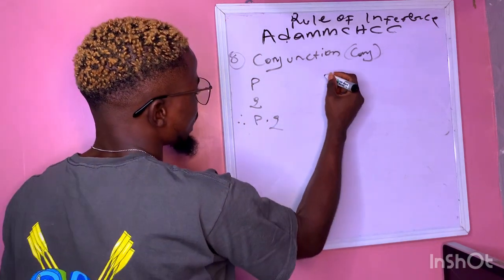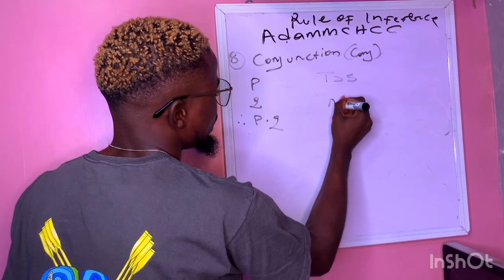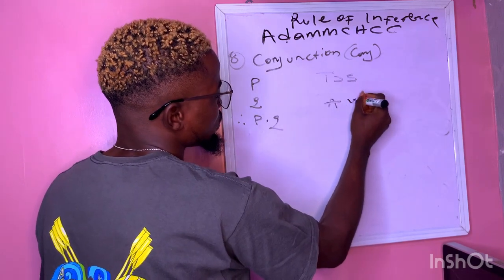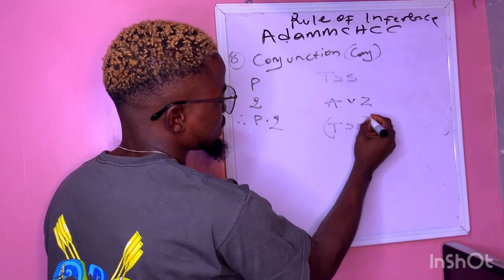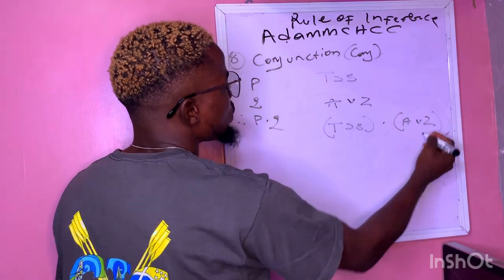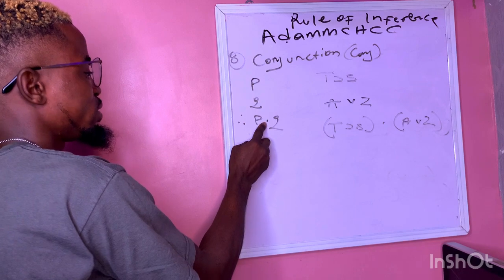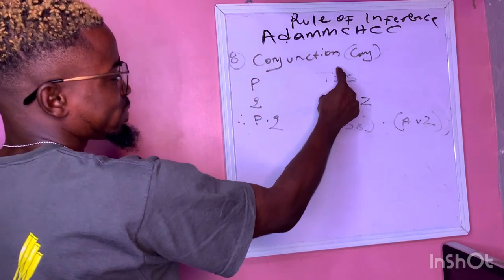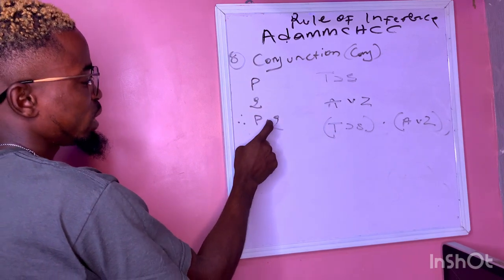So the same thing as having T implies S, and also having, let's say, A or Z. You can even use conjunction to say T implies S and A or Z. What you are just doing is using this particular conjunction sign to join two different lines together. So if you have P, if you have Q, you can say therefore P and Q.